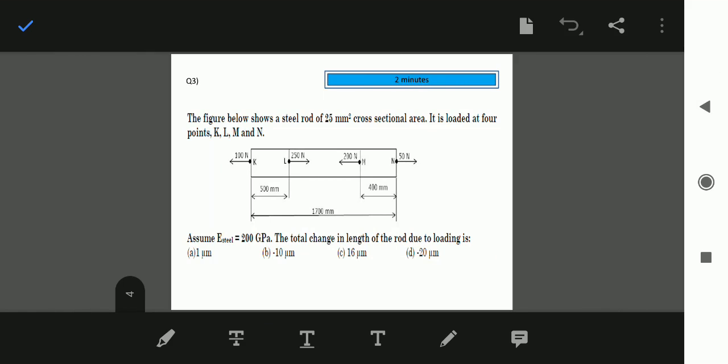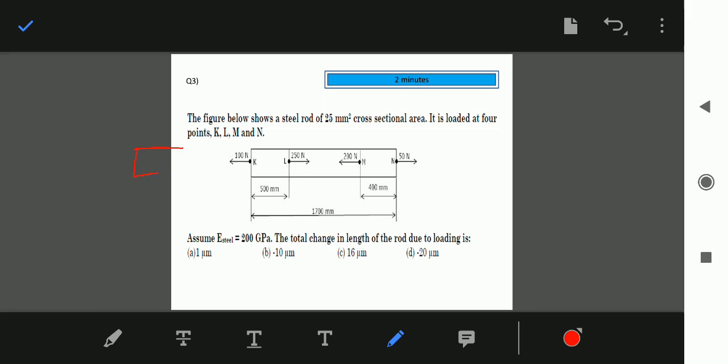It's a very conceptual question, the third one, and we have to separately find the load acting on each block. You can go with left side or right side. Let me go with right side. So first block will be having 50, that is M and N. Second block will be having here 50, 50.